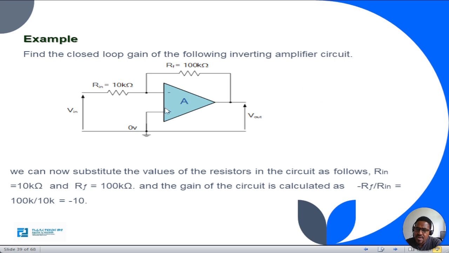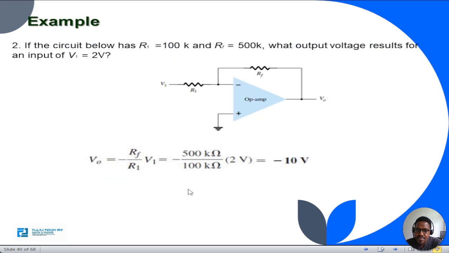So negative feedback means we can control it. When we change the value, our gain changes. So that is a controllable, predictable type of amplifier thanks to negative feedback. So the gain V out over Vin becomes minus Rf over Rin. Let's see another example.